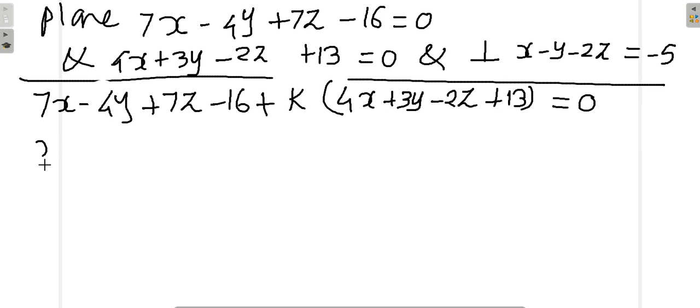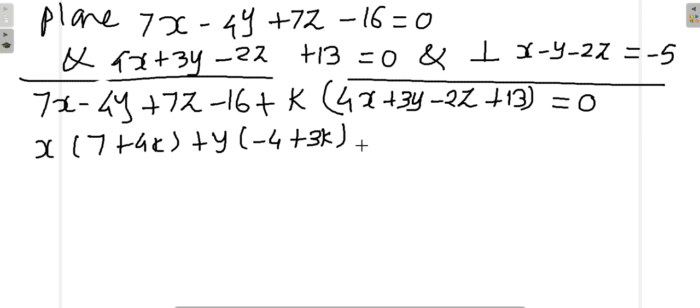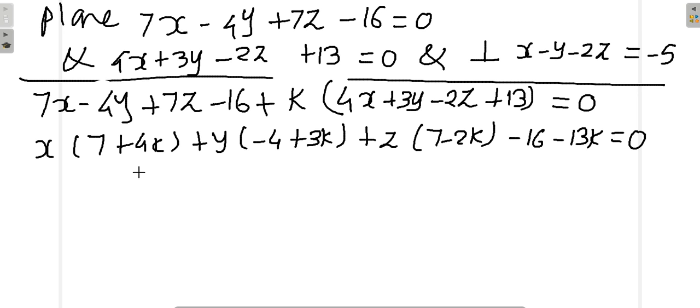So this will be x into 7 plus 4k plus y into plus z into. So what are the direction ratios of normal? 7 plus 4k.